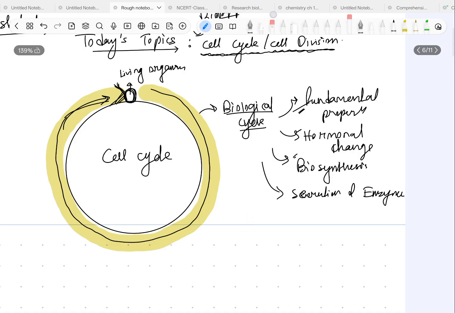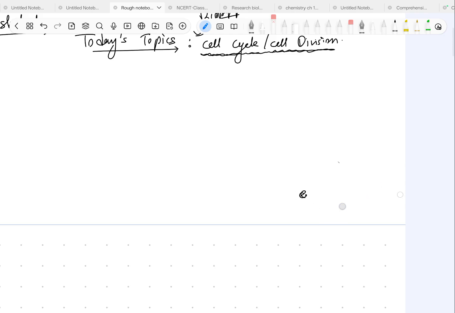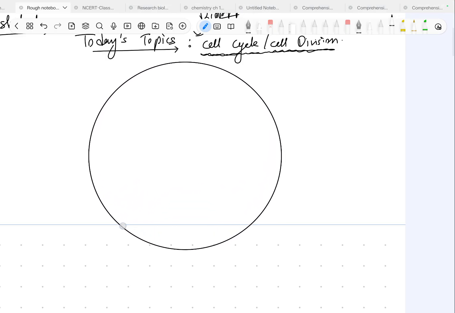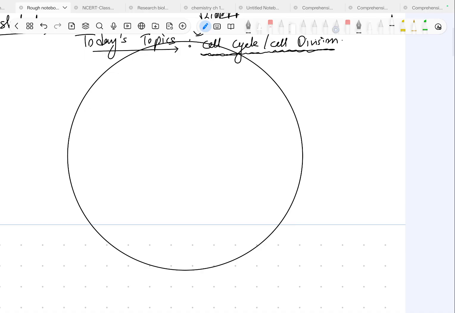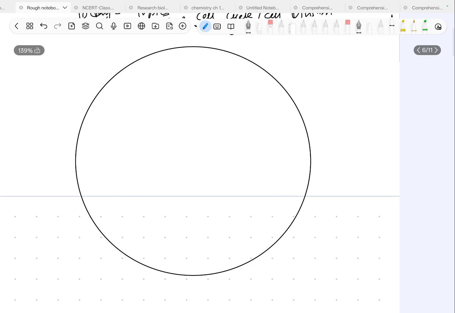Let me clear it out. Now listen to me carefully. Let me draw another circle, bigger, and make it here. See this cycle properly.